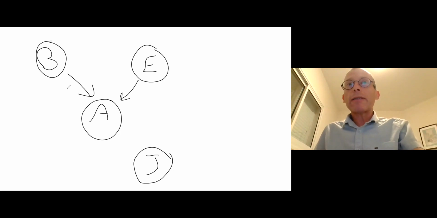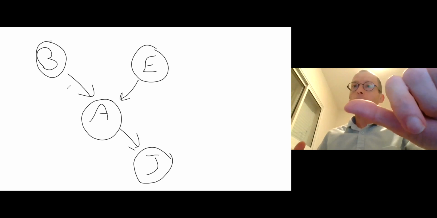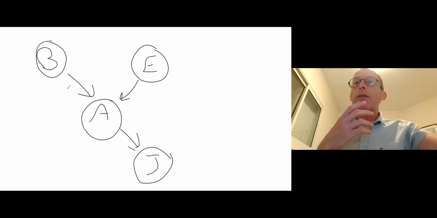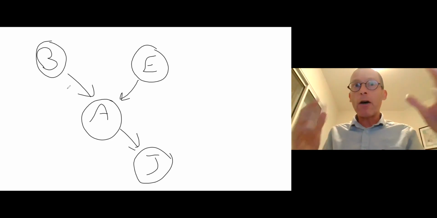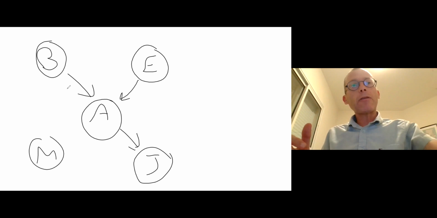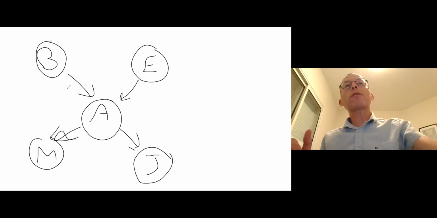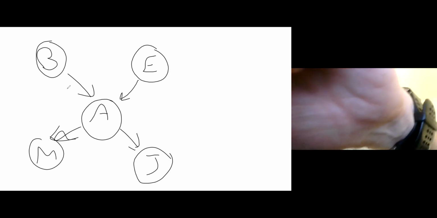But because I have A, I only need to connect John to A. This is the thinking: if I know A, everything else is independent of whether John called or not. If I didn't know A, no. But if I know A, and similarly for Mary, this is the model that we get. This is nice, and this is because we started with B, E, A, J, and M. But if we change the order, things may look very different.